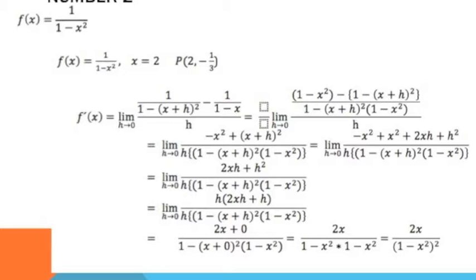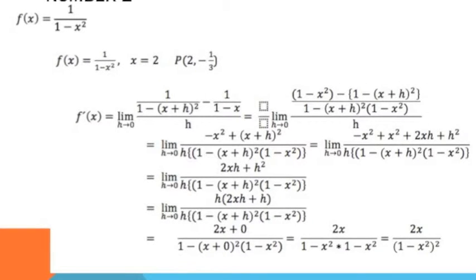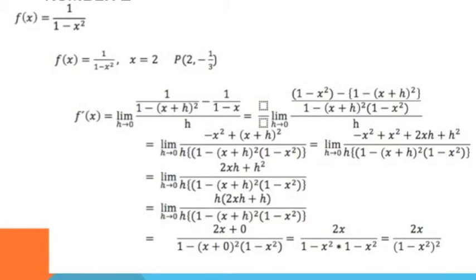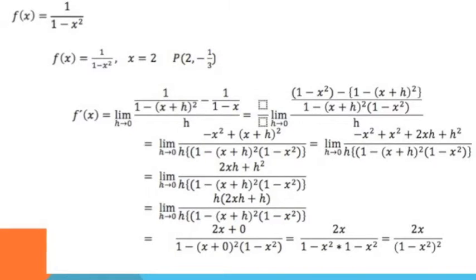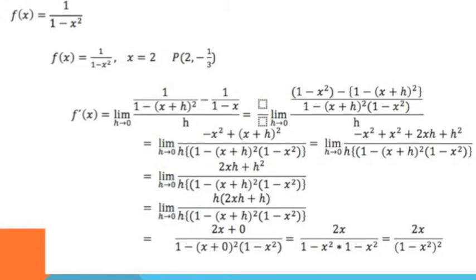In order to find the derivative of this function, we have to use the limit formula, which will be the limit of h going to 0, and this will be equal to 1 over 1 minus (x plus h) squared minus 1 over 1 minus x squared, and all of this over h.